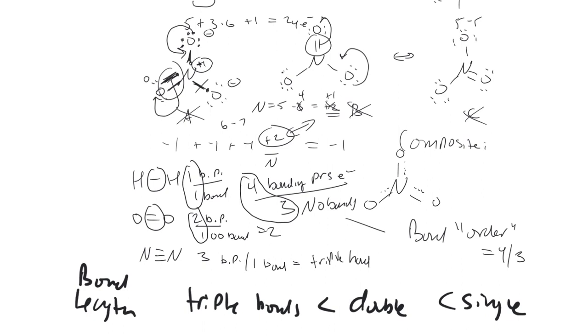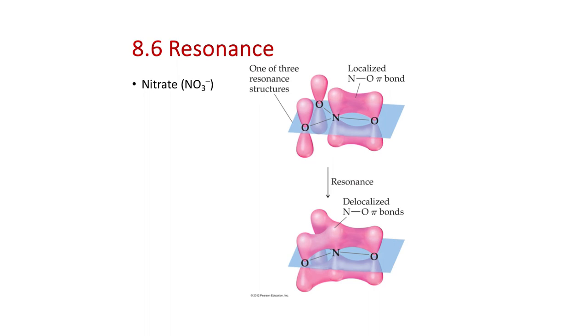Let's look at a bonding model, and this comes out of chapter 9. So it is looking ahead a little bit, but this is a bonding model from chapter 9, where this structure here kind of looks like one of the structures where I have the nitrogen double bond here, the oxygens over here as single. This is the localized bonding picture of one of those resonance structures or Lewis structures we wrote for nitrate. And then the real molecule, if you notice, we have these orbitals that are all kind of pointing in the same direction.